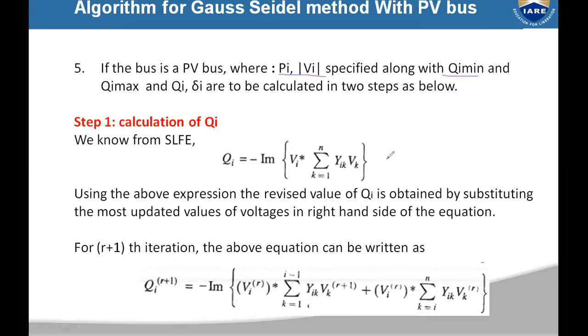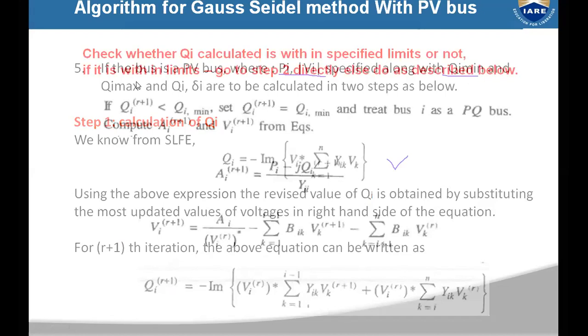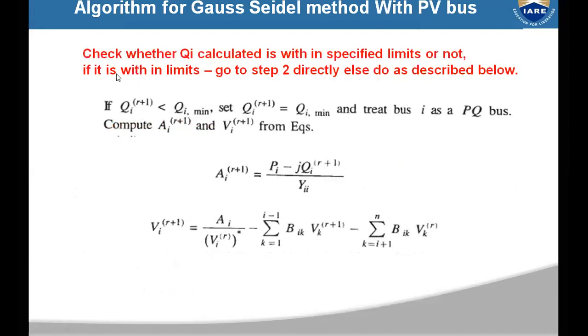Now after calculating this Qi value, you have to check whether this calculated value is within these limits or not. Right, go to the next one. Now check whether Qi calculated is within the specified limits or not.